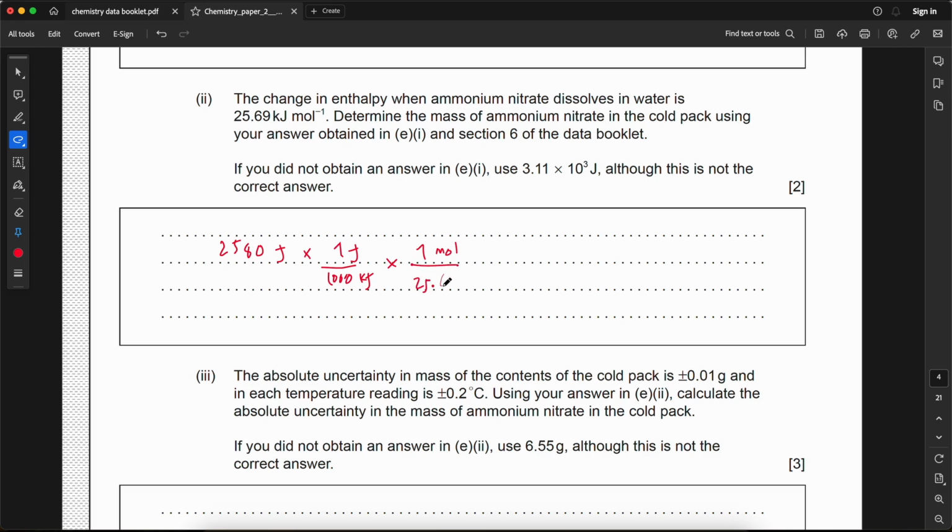So 25.69 kilojoule. So you can get 0.1 mole, and mass would be n times Mr. That would be 0.1 times 80.06, which is 8.01 gram.